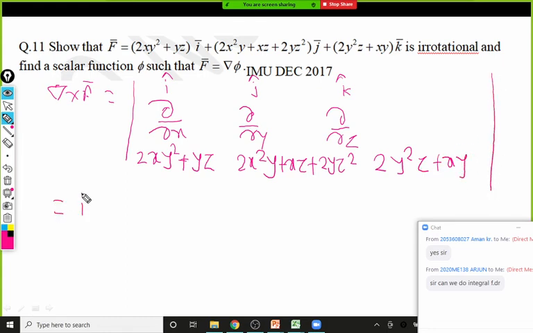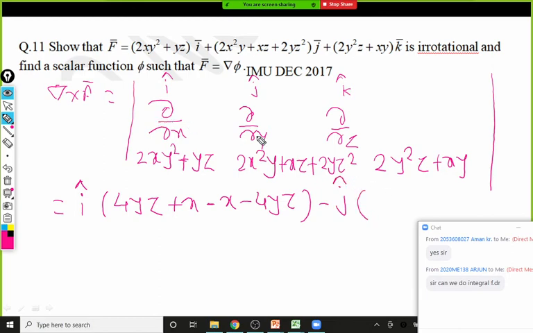So let me expand this determinant along the first row. Derivative of F3 with respect to y is 4yz plus x. Now F2 with respect to z: this is 2x... sorry, this is x plus 4yz, so minus x minus 4yz, that should come same, then only it is irrotational.